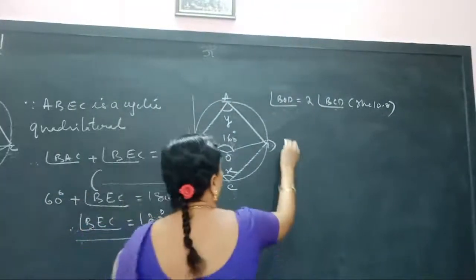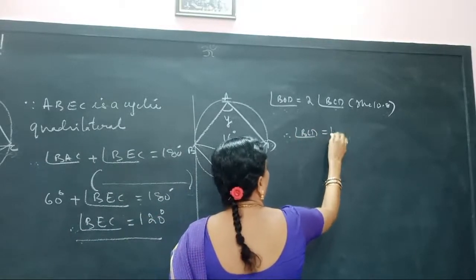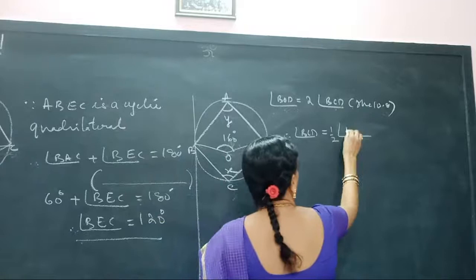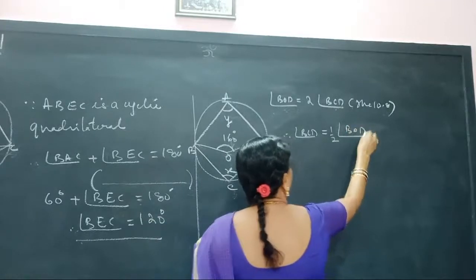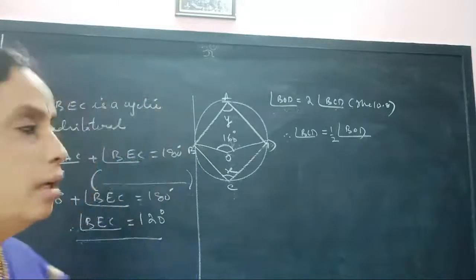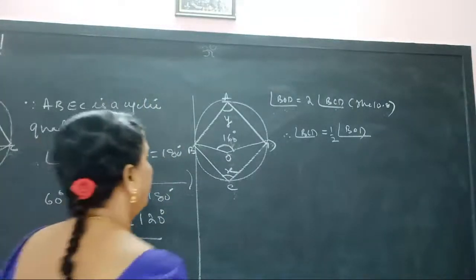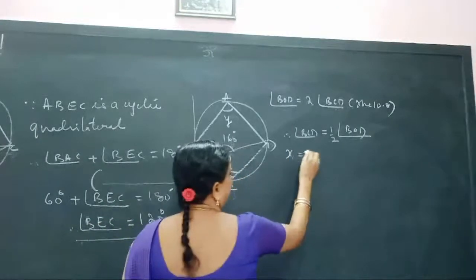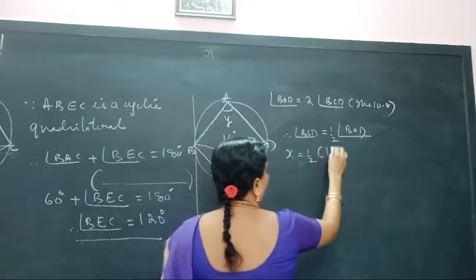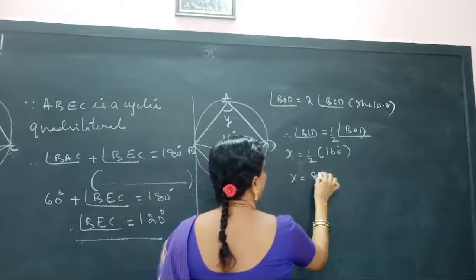Therefore, angle BCD equals half of angle BOD. When BOD is 2 times angle BCD, BCD is half of angle BOD, that is x equals half of 160 degrees, x equals 80 degrees.